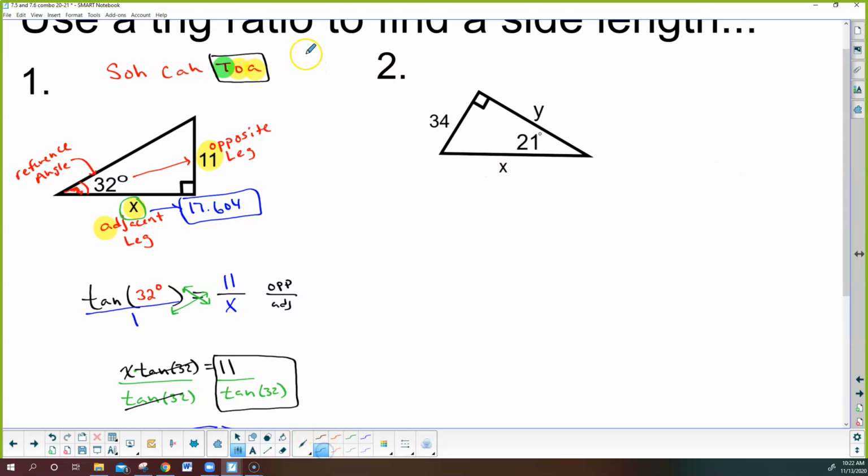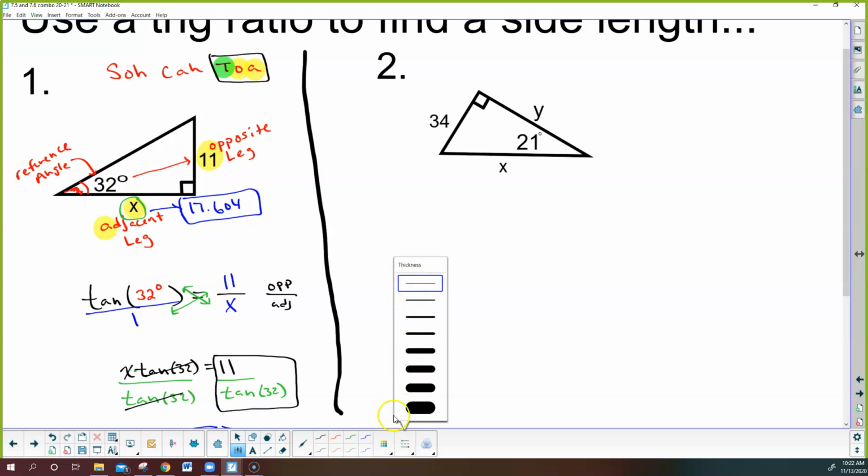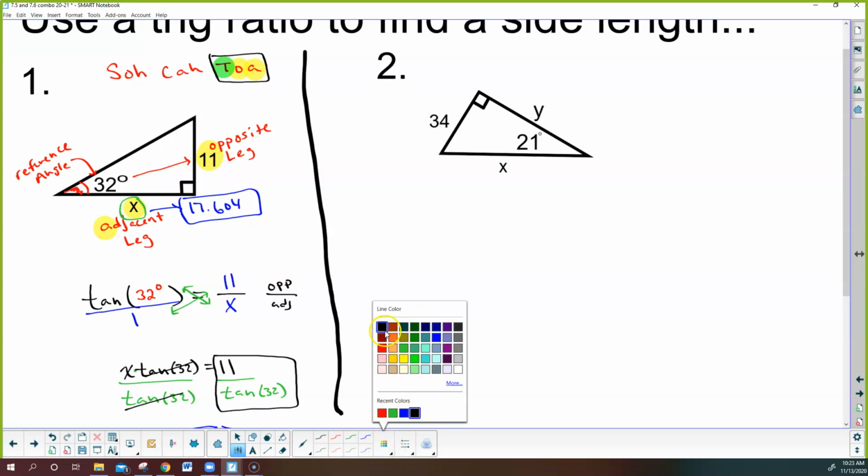All right, so let's write this one down, and we are going to rely on our calculator as well. A couple things to notice. They want us to find two different side lengths now, so I think I have to do two separate problems.